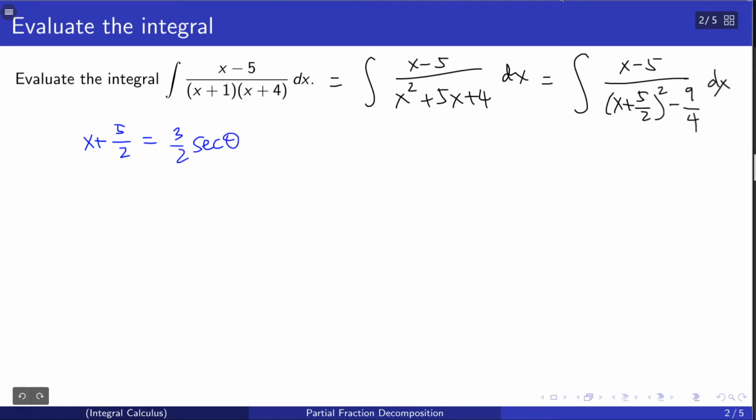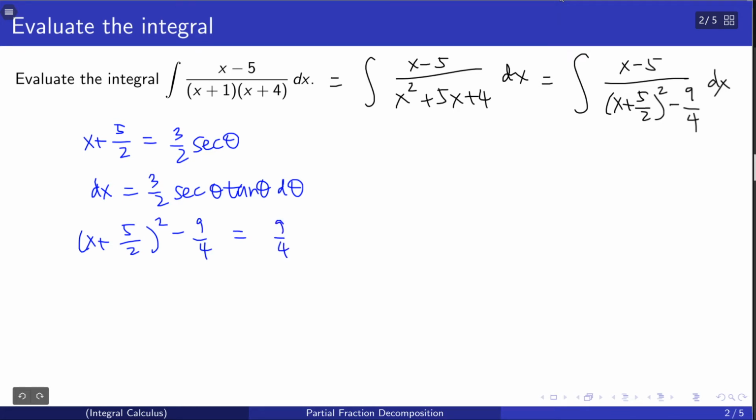In order to use this trigonometric substitution, now we need to compute dx: 3/2 secant θ tangent θ dθ. As well, we can compute (x + 5/2)² − 9/4. This gives me 9/4 secant² θ − 9/4, or simply 9/4 tangent² θ.